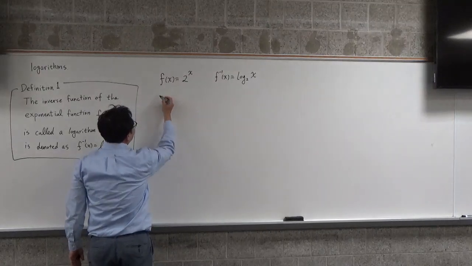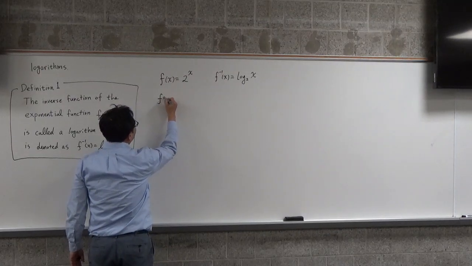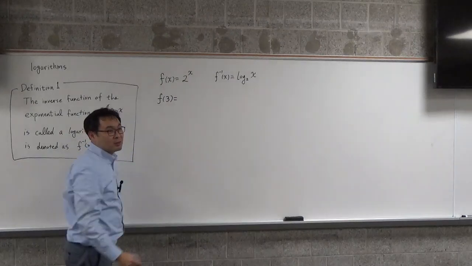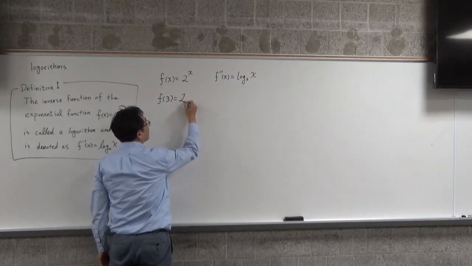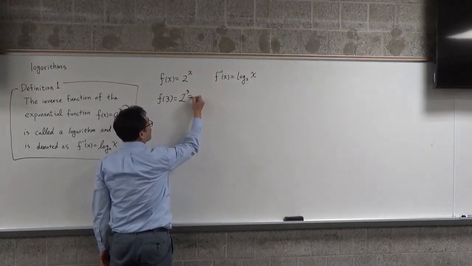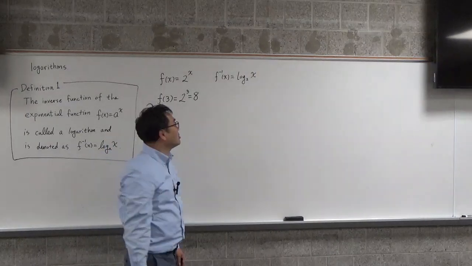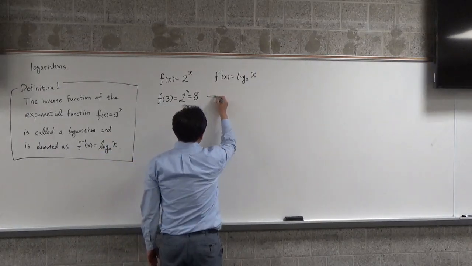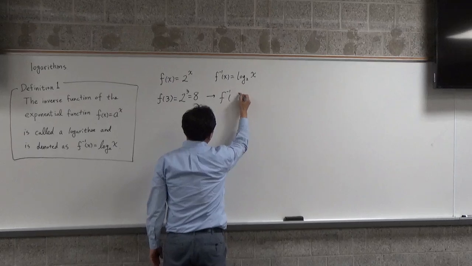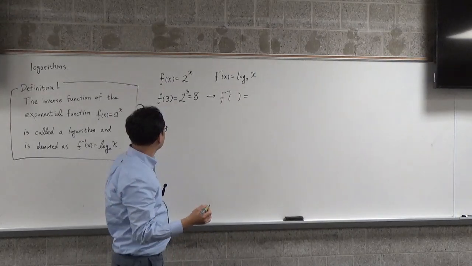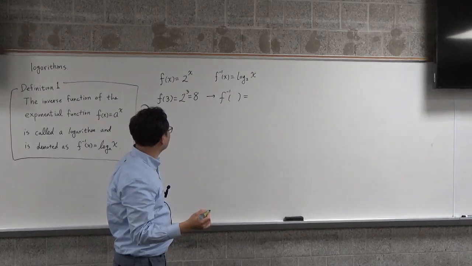But let me see. If I have f of 3, what's this value? 2 to the third power, which is 8. 2 times 2 times 2 is 8, right? Then what is f inverse of what?